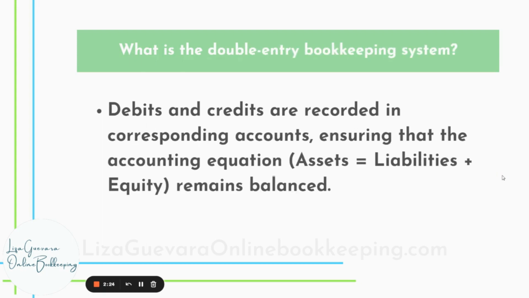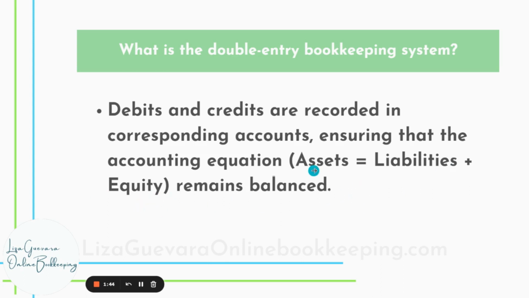Debits and credits are recorded in corresponding accounts, ensuring that the accounting equation, assets equals liabilities plus equity, remains balanced. An account, we are going to define this later, but if you remember the accounting equation, which is assets equals liabilities plus capital, an example of an asset is a cash account, an example of a liability is the accounts payable account, and equity is the capital account.